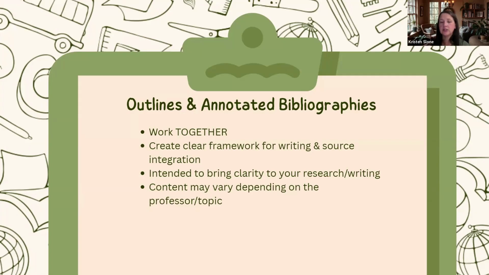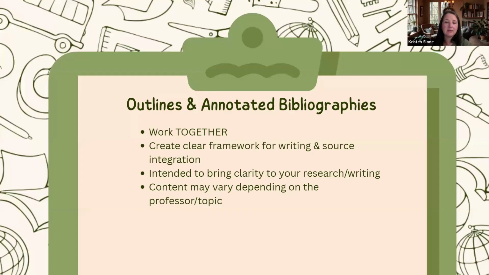Doing an outline and an annotated bibliography are intended to bring clarity to your research and to your writing. And I know I've said it a million times, but if you put in that hard work of doing the outline and the annotated bibliography at the beginning, it truly does make the writing of the essay itself just easier.